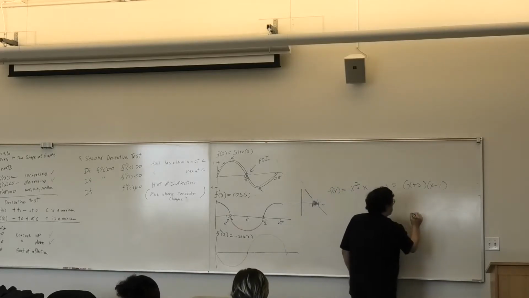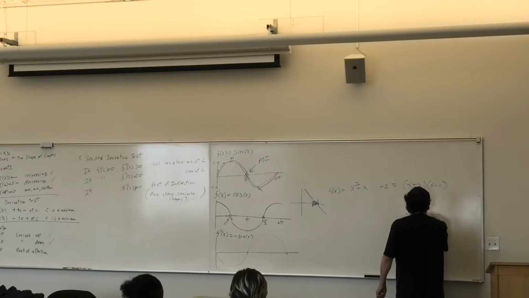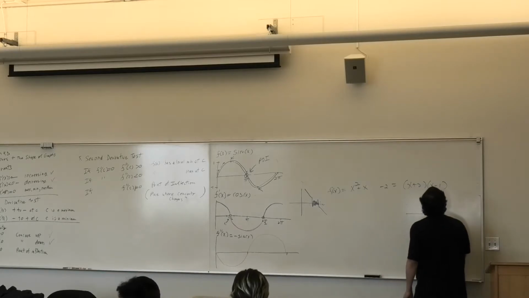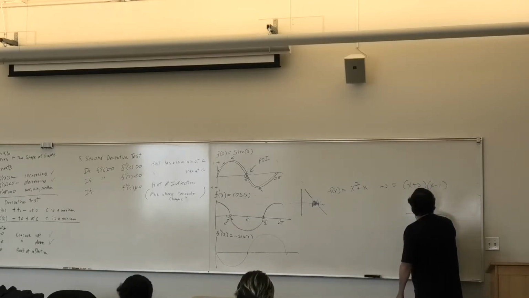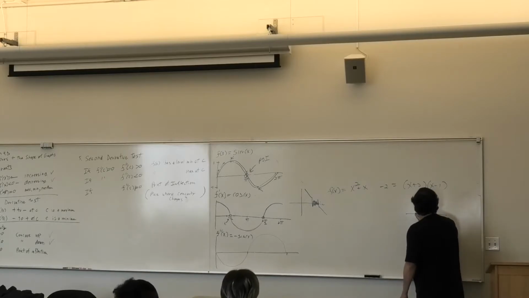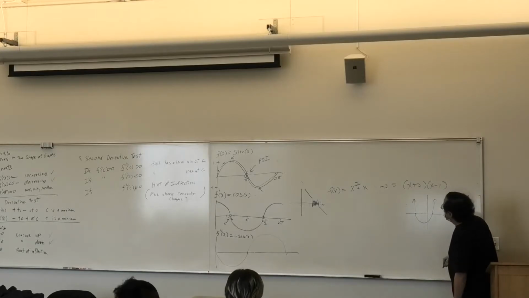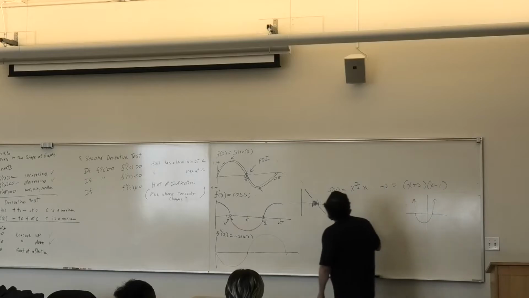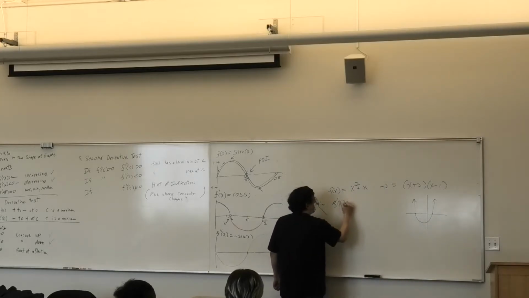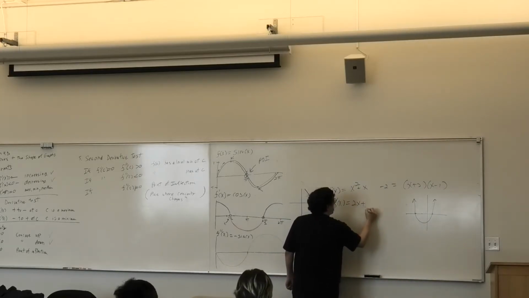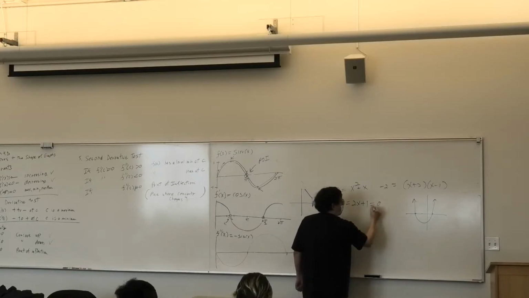So that's going to be a parabola, and it's going to cross at minus 2 and plus 1. It's going to look like that. And let's find its derivative. And if we set that equal to 0, we get x equals negative 1/2.